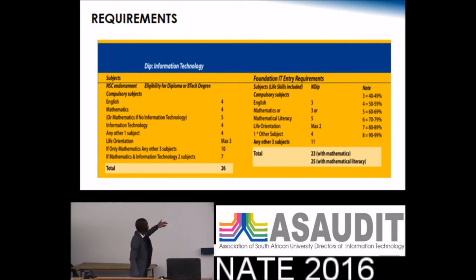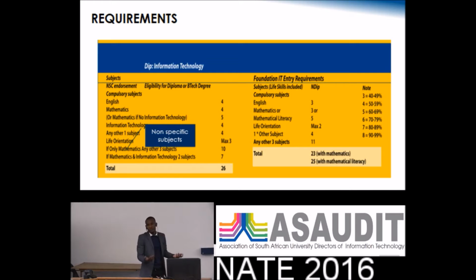You must have level 4 mathematics, level 4 or mathematics literacy if no information technology, level 5 information technology, level 4 any other subject. Didn't really tell you what subject. They give you a level. Life orientation, they say maximum 3 and others 3 subjects as well. So this is non-specific. When someone says you must just come with any subject with a minimum, you don't really know what subjects you're looking for.